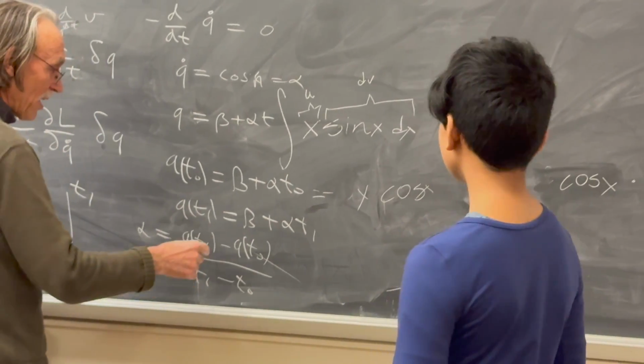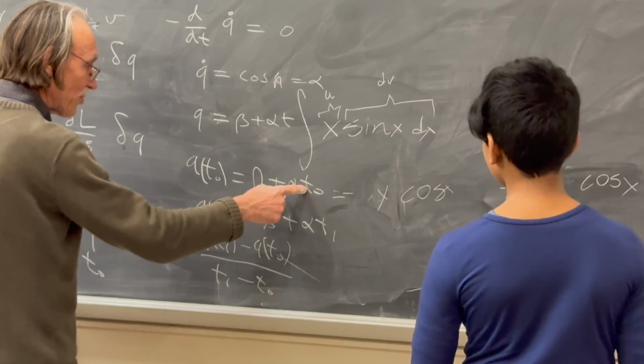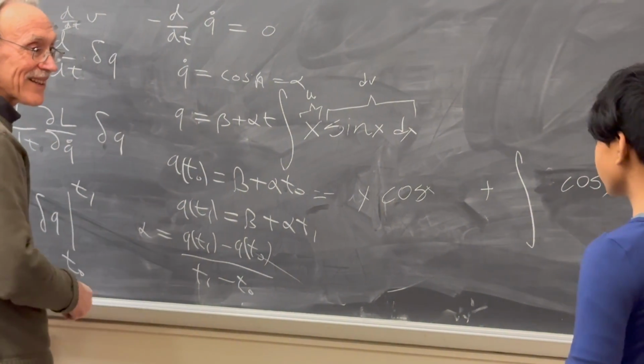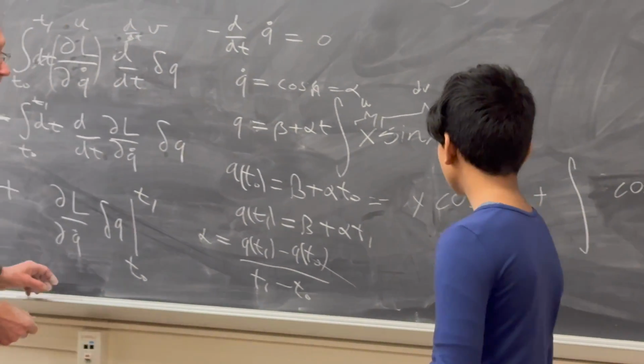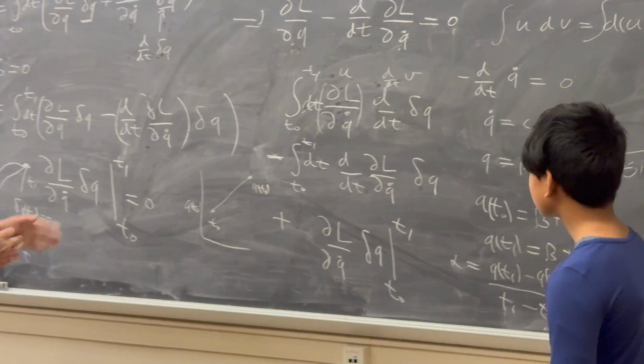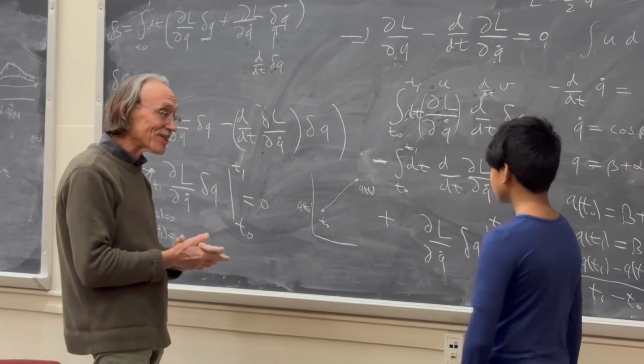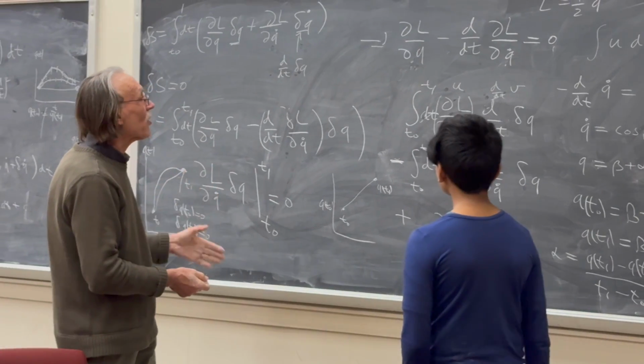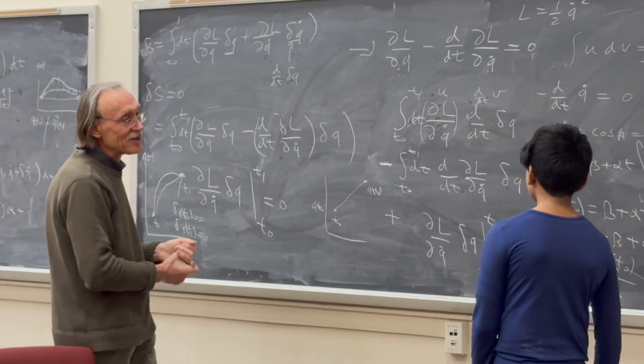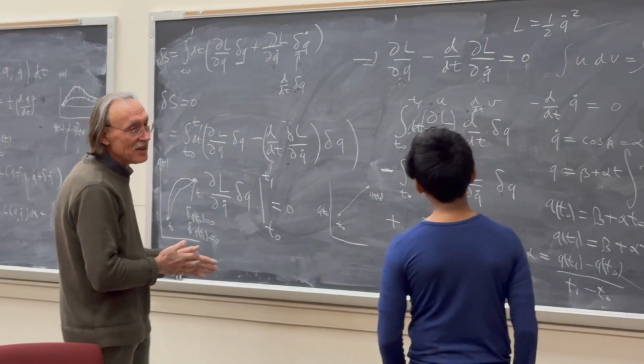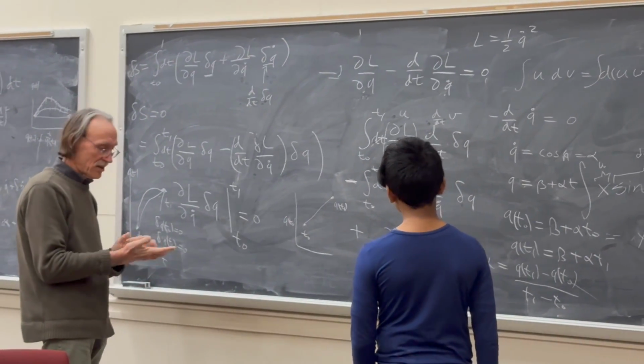You subtract that, and then if you substitute that, you find beta. Seems simple enough. Yeah, so we find the correct motion, and you know it should be the correct motion because there's only kinetic energy. Oh, right, that's why it's a straight line.